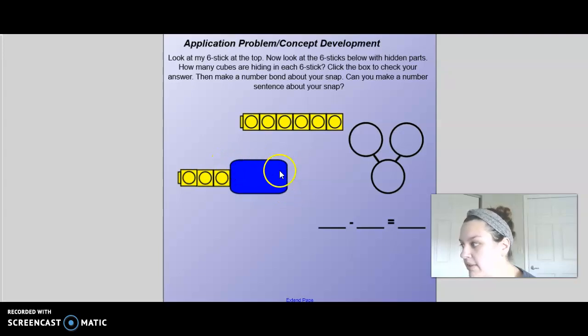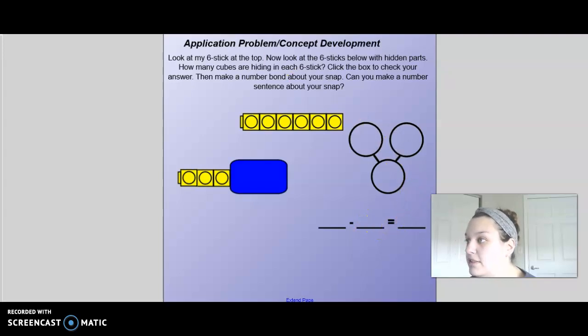But before we go any further, let's look at what our task or our objective is. Our objective is to make subtraction problems within 6, okay? But we also need to be able to write the number bond, which is a whole, a part, and a part, and then write that number sentence, which is your whole minus your part, which equals your other part.